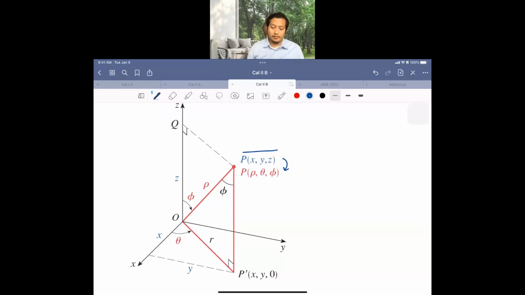Now first, I think the easy one that we can convert is z. Z we can convert through the triangle OPQ. So from triangle OPQ, z is rho cosine psi.